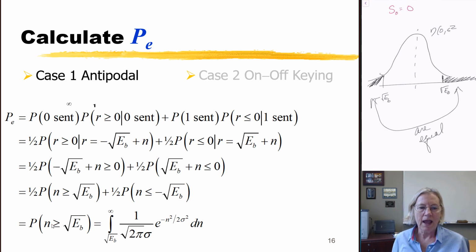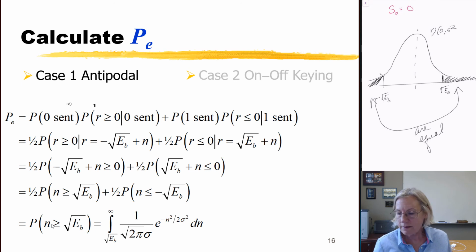And this is easy to calculate because I know this density. So I know that this area under the curve is just the integral from the square root of EB, from this point all the way to infinity. So it's the integral from the square root of EB to infinity of the Gaussian distribution.